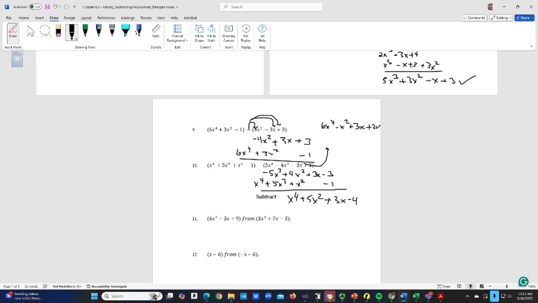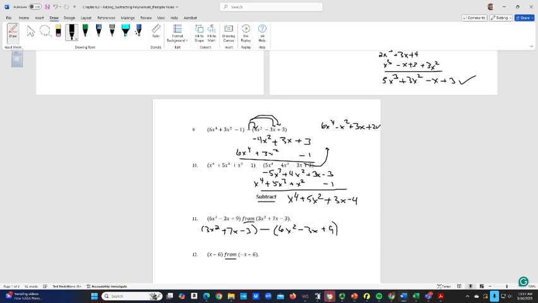And then these last two is just making sure you're reading these correctly. It says subtract 6x squared minus 3x plus 9 from, right? So we're basically going to rewrite this to where the 3x squared plus 7x minus 3, and then we're going to subtract the 6x squared minus 3x plus 9, right?